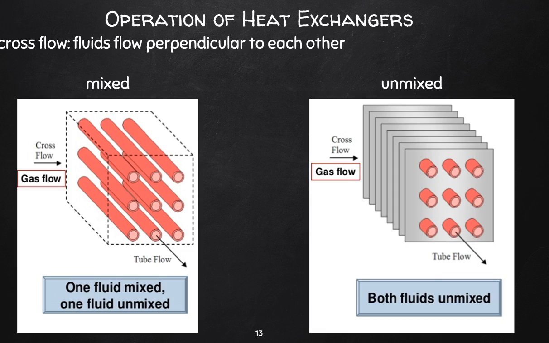Cross-flow heat transfer differs from the first two configurations in that the two fluids flow perpendicularly past each other. Heat exchangers based on this configuration can utilize the benefits of conduction and convection for heat transfer, much in the same way as shell and tube and plate and frame can, but they also have a more open design, whereas the shell and tube and plate heat exchangers are completely closed.